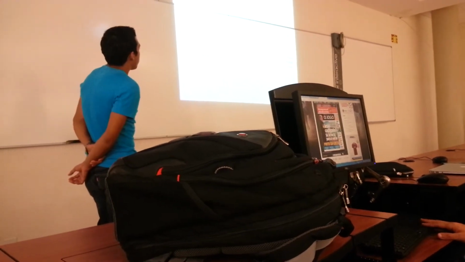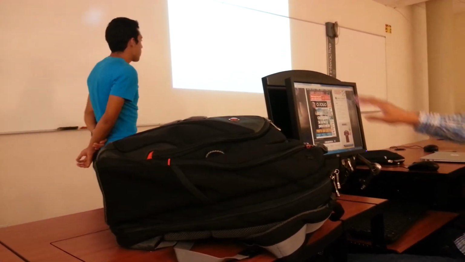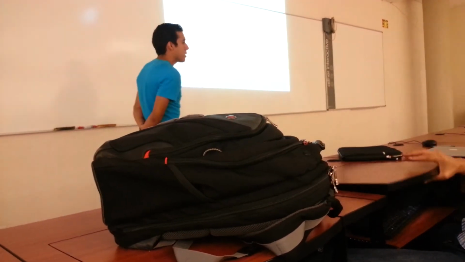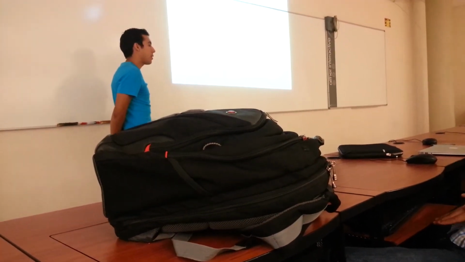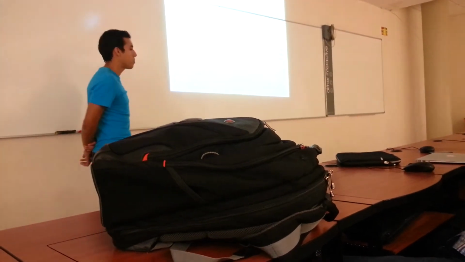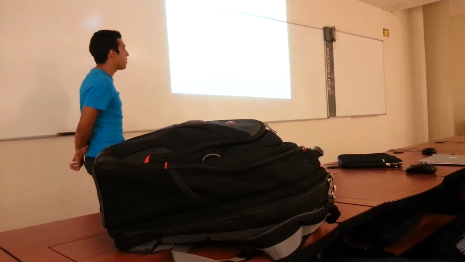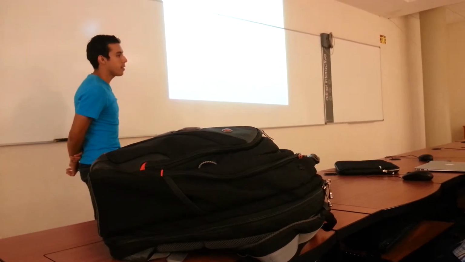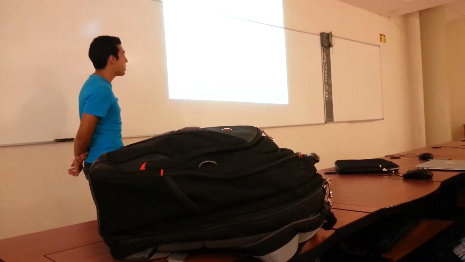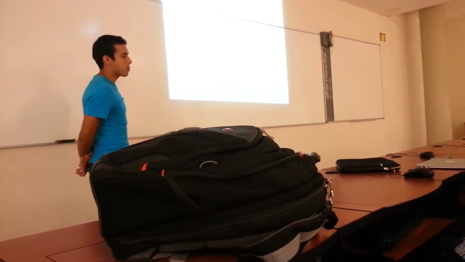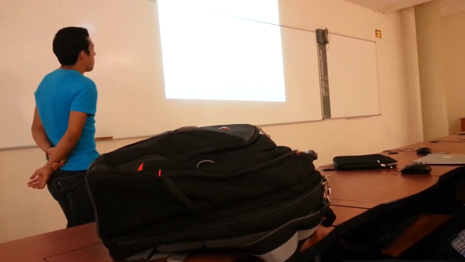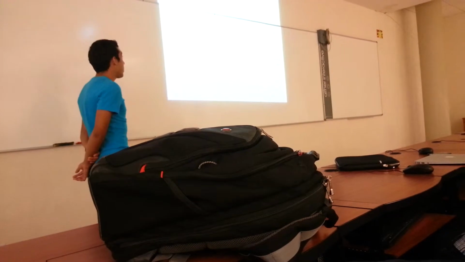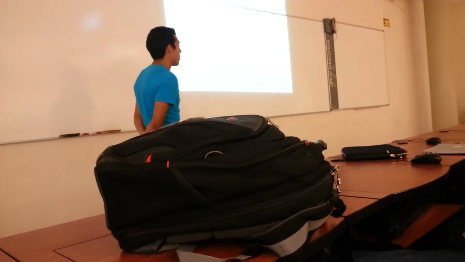Another topic, the Glasgow scale. This is a very common exam, and it's the principal exam that is performed in the hospitals, and it's the first attention given to a patient that is unconscious or that has previously received a trauma. The Glasgow scale is a special exam that evaluates different areas of the patient.